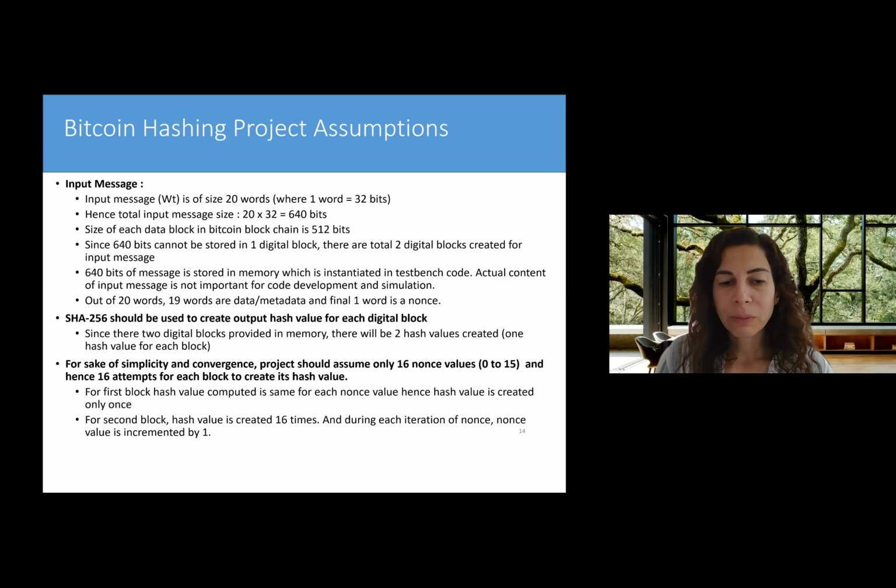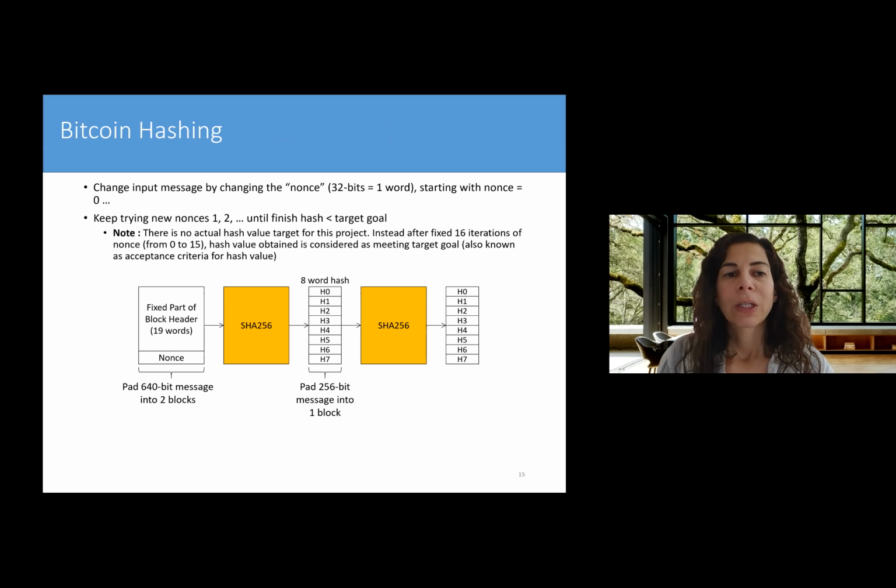And for the second block, the hash value is created 16 times. Every time we do this, we increment the nonce by 1. So this is a block diagram for this. What happens is that we keep trying new nonces until the final hash is smaller than the target goal.